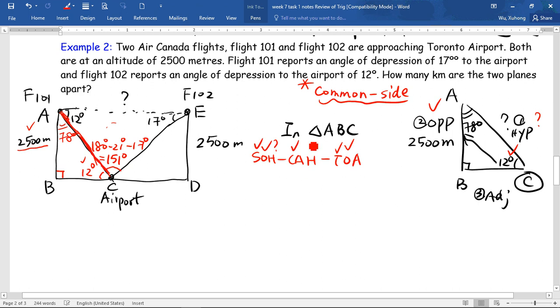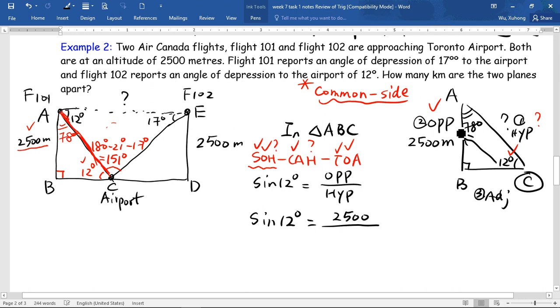So you have 2 givens and 1 unknown, so we could use SOH. SOH means S is sine. The angle we picked, 12 degrees, equals opposite over hypotenuse. So we sub in the given information. Opposite is 2500 over the hypotenuse, which is unknown, so we could use x to represent it. Then we could cross multiply.